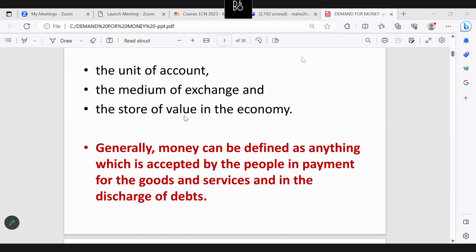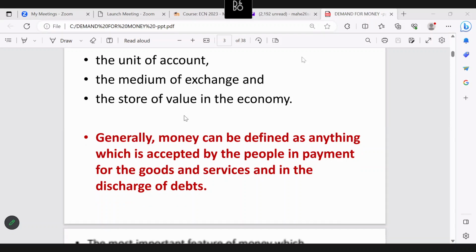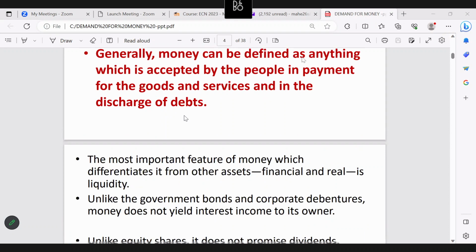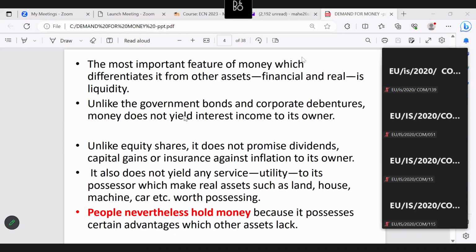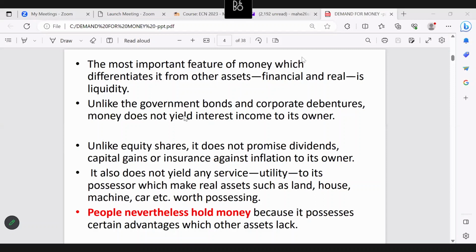What is the term liquidity? You will know it from doing accounts, from the balance sheet. The assets are listed by liquidity basis, and debts are listed by settlement basis. Liquidity means how quickly or speedily a particular asset can be changed into cash. That is called liquidity. So cash has 100% liquidity, but land has 0% liquidity. That is the most important feature of money which differentiates it from other assets.